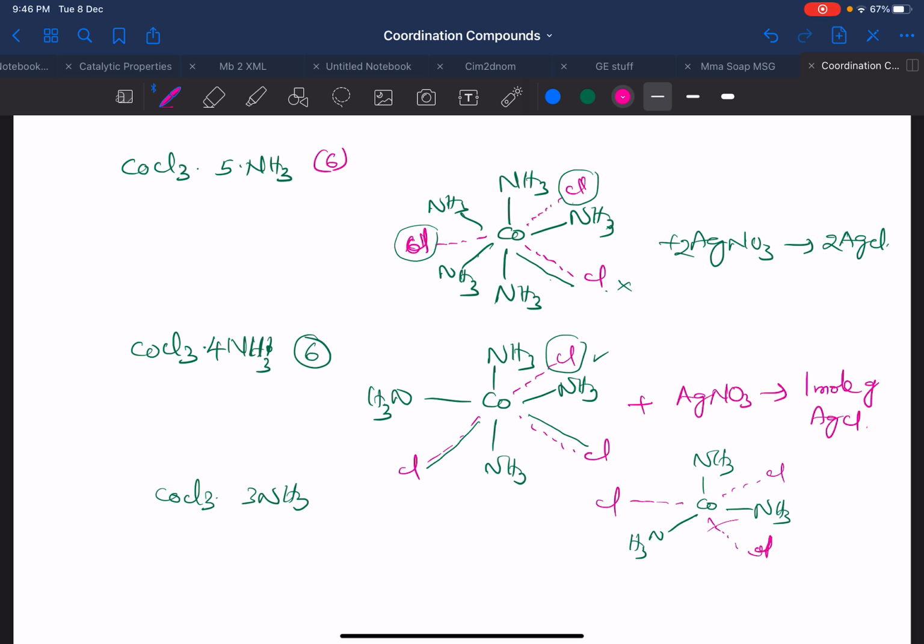With these 3 NH3, the coordination number is 6, so all 3 chloride ions are involved in coordinate covalent valency. So no ionization takes place and there is no reaction with AgNO3 and no AgCl precipitation. By explaining these examples, Werner explained coordination complexes.